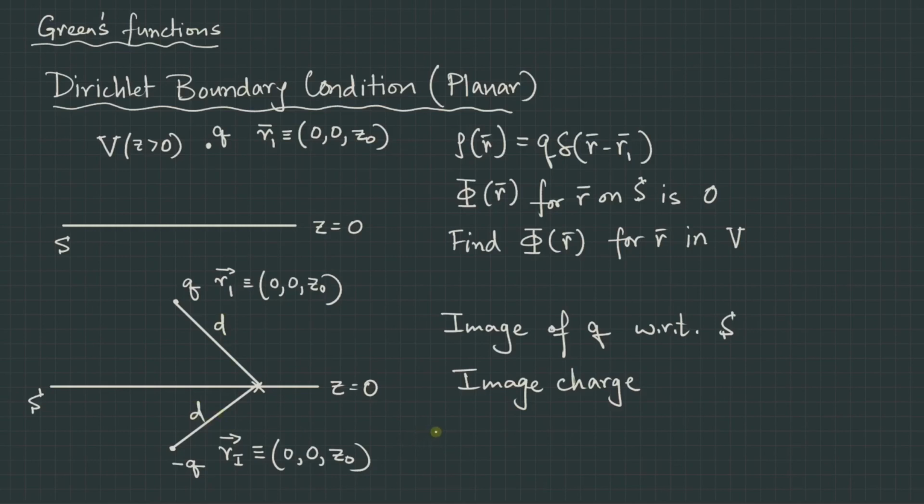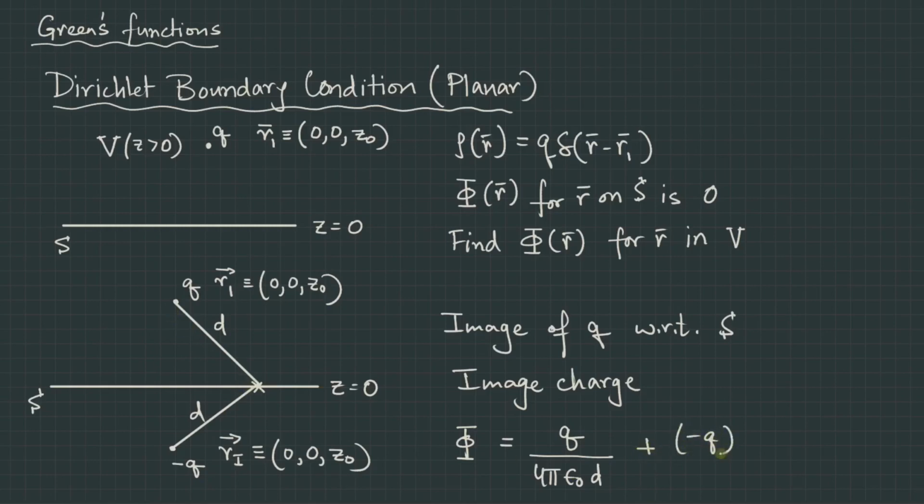Then the potential at this point is given by phi equals, we know that the potential at a point due to a point charge is given by q by 4 pi epsilon naught, and the distance between the charge and the point.